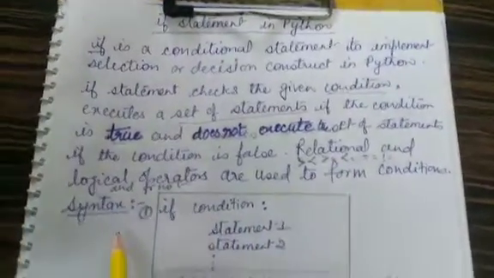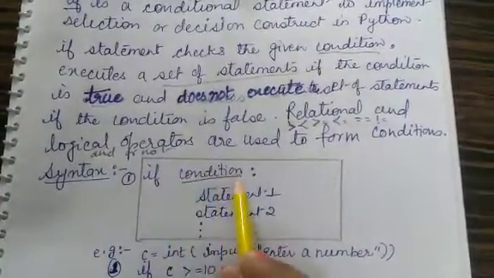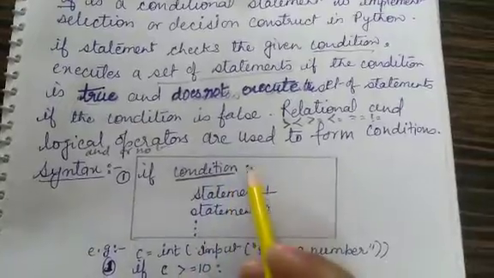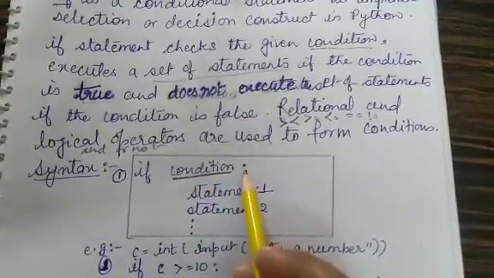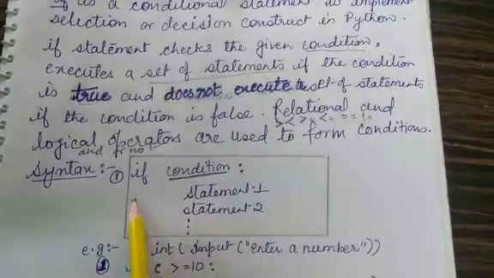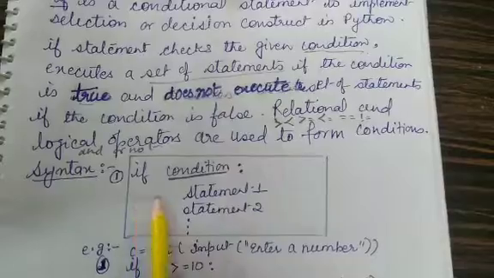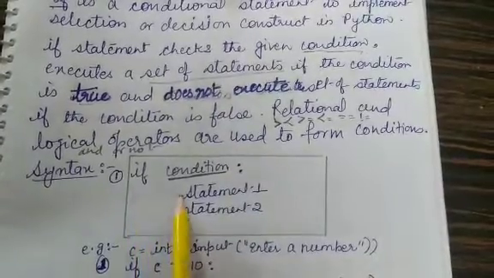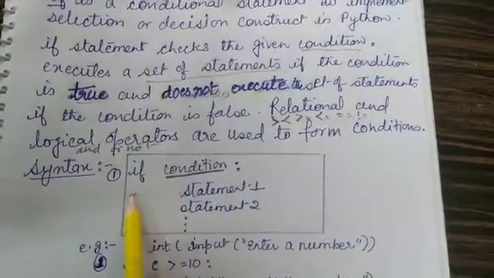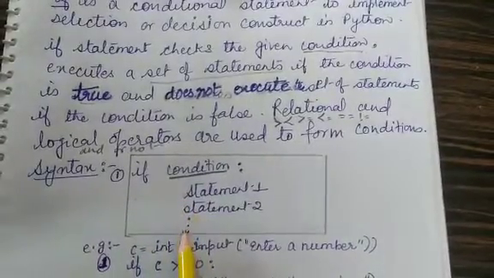Now the syntax of if: if is followed by the condition. You can write any condition here, and then a colon. This colon is part of the syntax. Don't forget to write it. As soon as you press enter, the statements will automatically be indented in IDLE. Otherwise also you have to write them indented. Indented means leave some space, like in a paragraph format, and then write the statements with one same indentation.